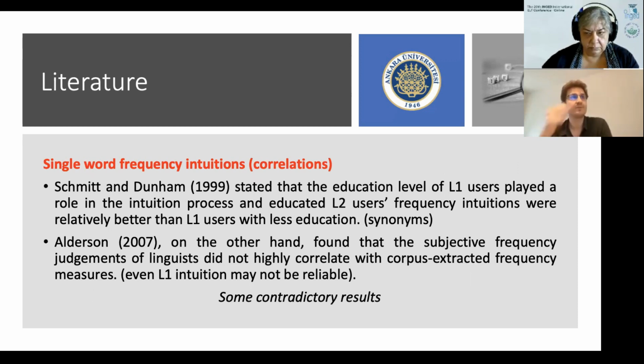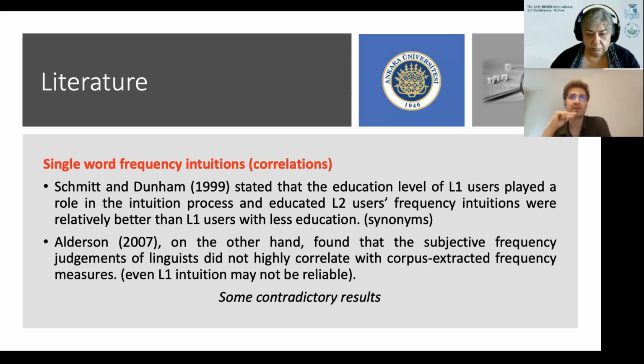Mainly there are correlational studies looking into this issue. In one of those, Smith and Dunham found a correlation, by the way, between the objective and subjective frequency ratings, and they stated that the education level of L2 users played a role in the intuition process, and educated L2 users' frequency intuitions were better than L1 users with less education, so education is playing a key role here.